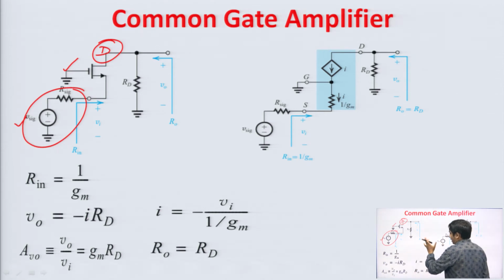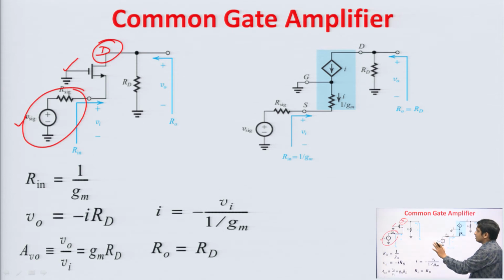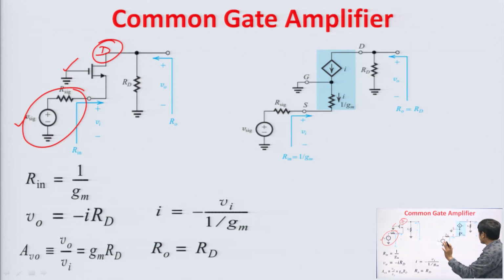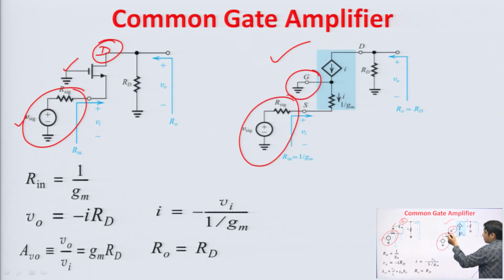Again, considering that all the coupling capacitors act as a perfect short circuit, no capacitor is involved in this circuit, but there is a resistor at the source terminal. So the T model is preferred, and that is why we have drawn the T model of this common gate amplifier. You can see that the gate terminal is grounded and the input signal is applied at the source terminal.